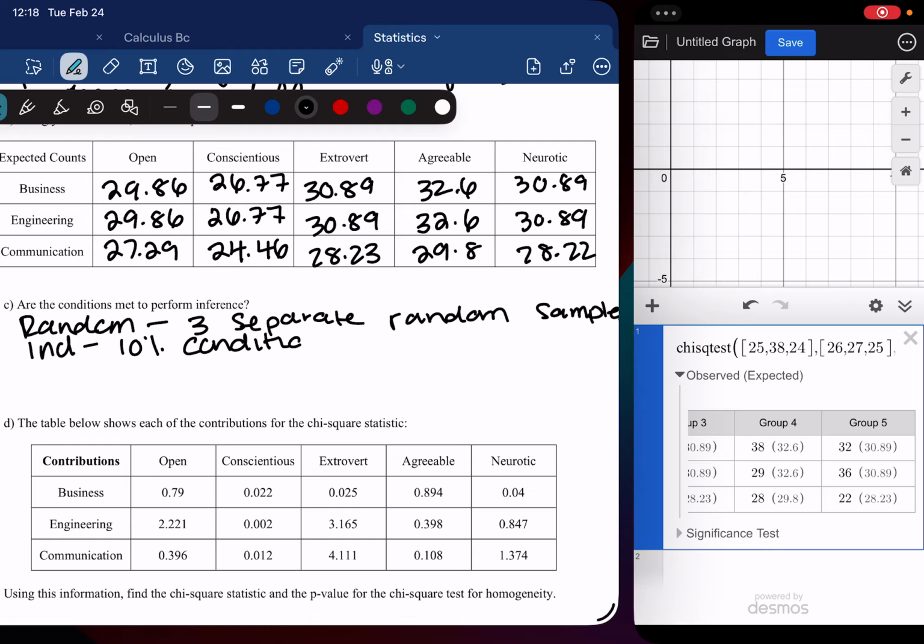Then we have independence where we check the 10% condition. And since we don't have a sample size here, what number are we using for the 10% condition? The table's total. And what's the table's total? 440. So we say 440 is less than or equal to 10% of what?